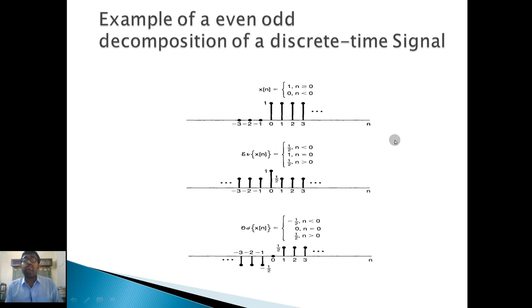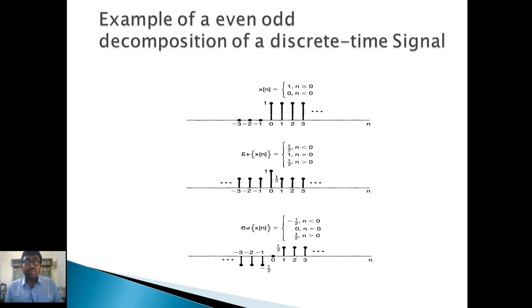So, all the explanation that I've given is the significance of this: the basic fundamental property of even and odd signals is that any arbitrary signal can be decomposed into an odd signal and an even signal.